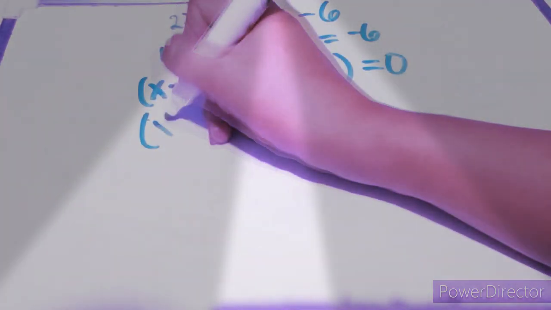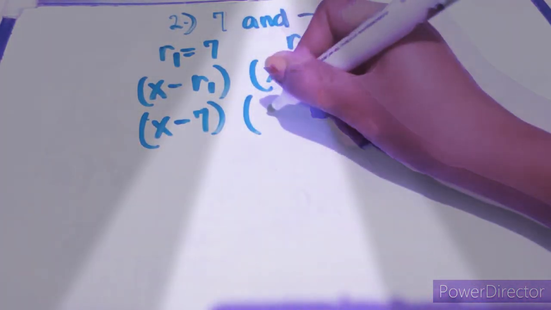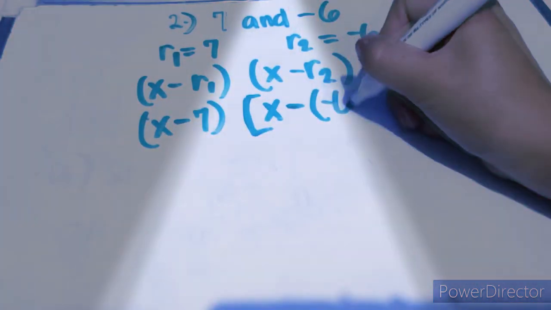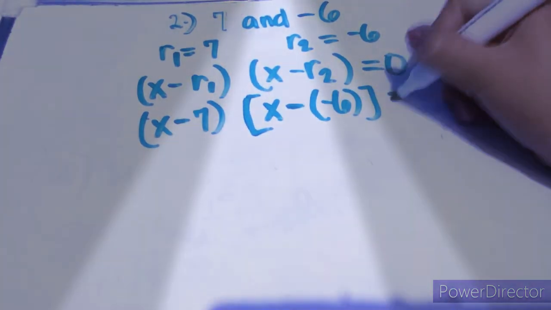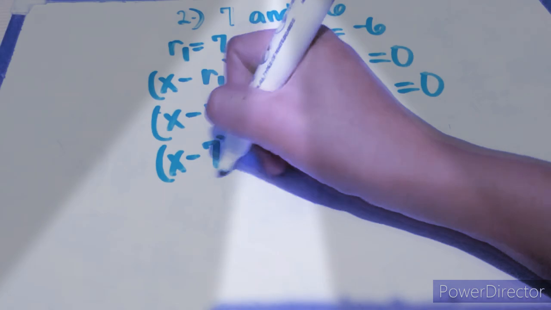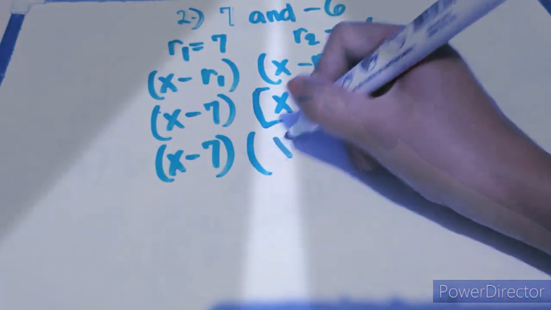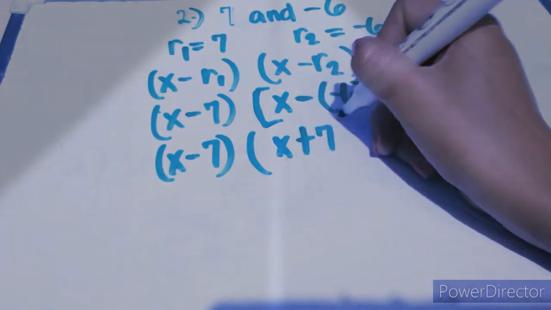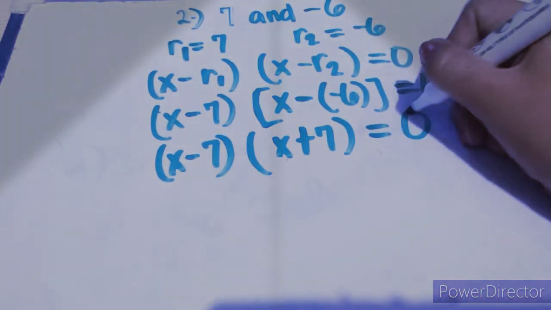So you have x minus 7 multiplied to x minus negative 6 is equal to 0. So you have x minus 7 times x, negative times negative 6 will become positive 6, is equal to 0.